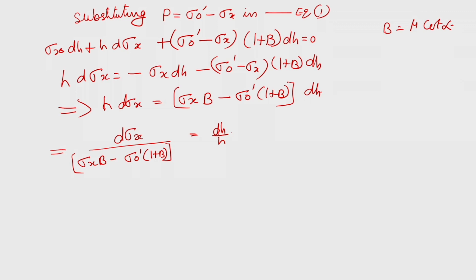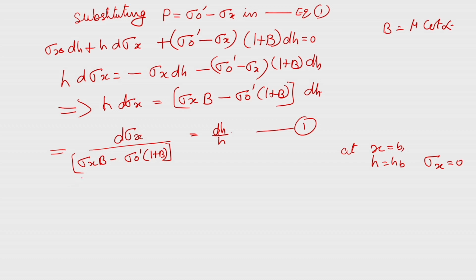Now, if you integrate this equation and apply the boundary conditions, that is at h is equal to h b, or x is equal to b, h is equal to h b, in that condition you will find sigma x is equal to 0, and you apply that. After integration, you will get this relationship as the draw stress.